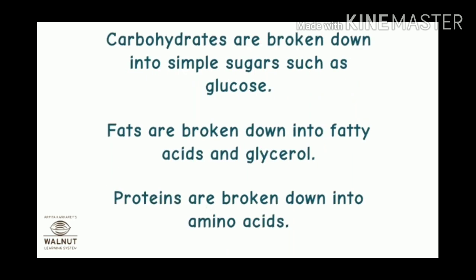So students, carbohydrates are broken down into simple sugars such as glucose. Fats are broken down into fatty acids and glycerol, and last one is proteins, which are broken down into amino acids. This digestion occurs in the small intestine.